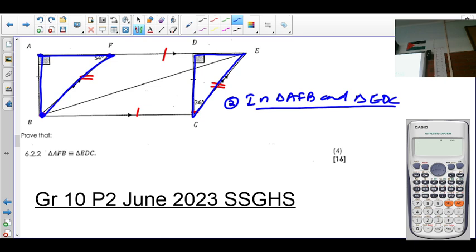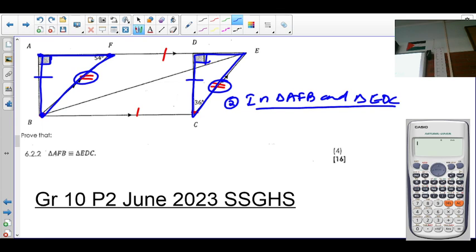Angle A is equal to angle D. Why? 90 degrees is given. Then what do we know? AB is equal to DC. Given. One more. BF is equal to CE. Proven already.